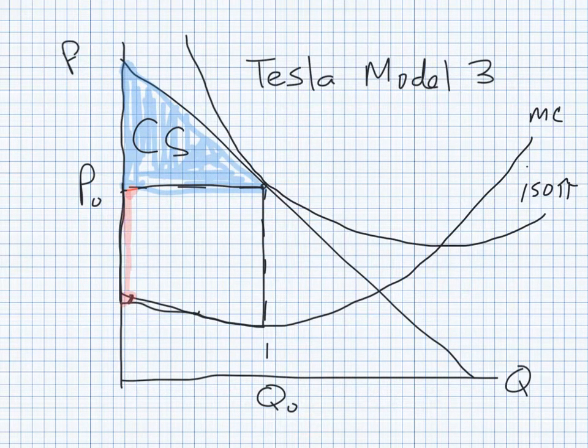So the difference between the market price and the marginal cost of producing that first car is the producer surplus associated with that first car. If we counted up all the gains to producers over all the cars sold, the difference between the price and the marginal cost curve over the entire range of output, there we have producer surplus.